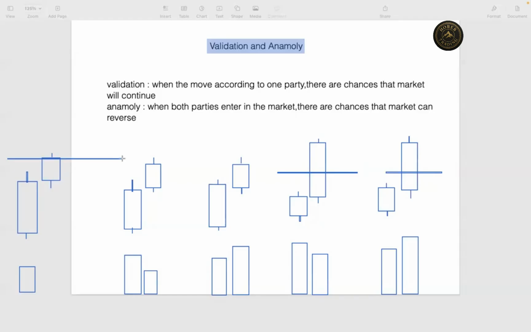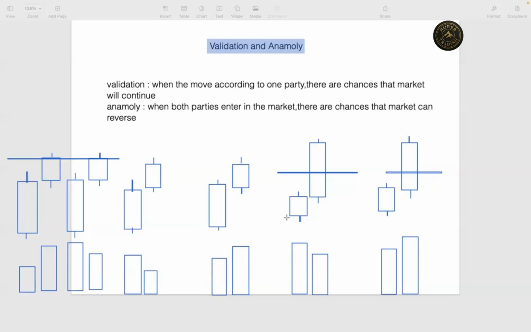Okay, with an increase of volume. The same thing at the resistance, but now we have a decreasing volume.